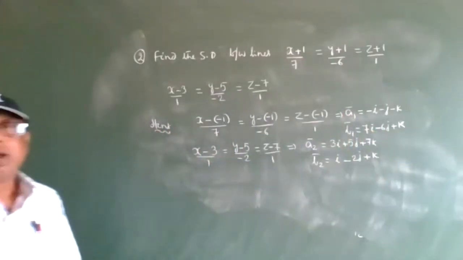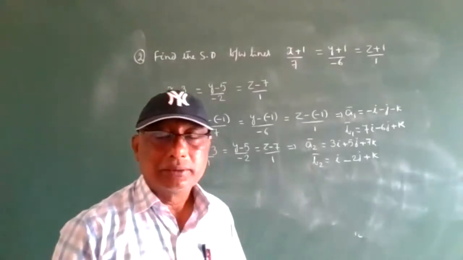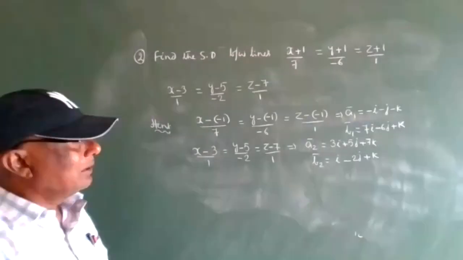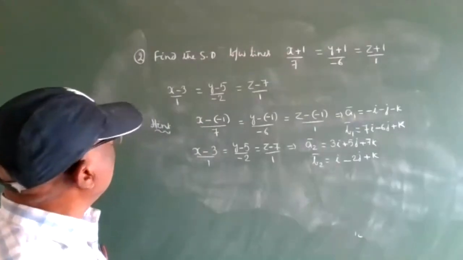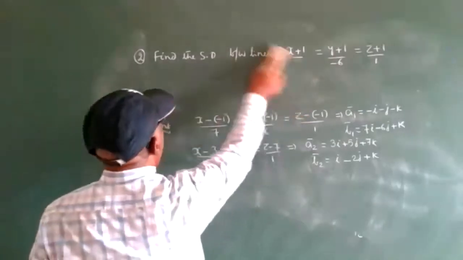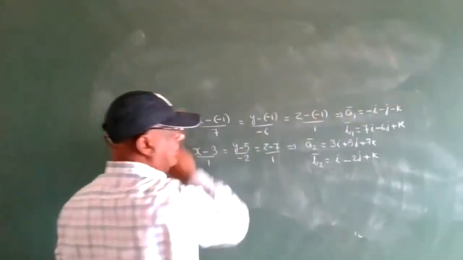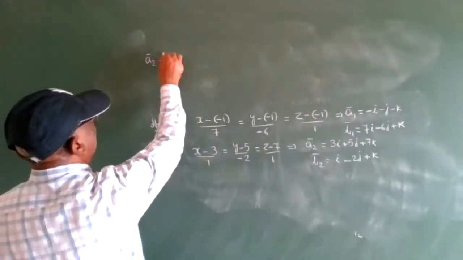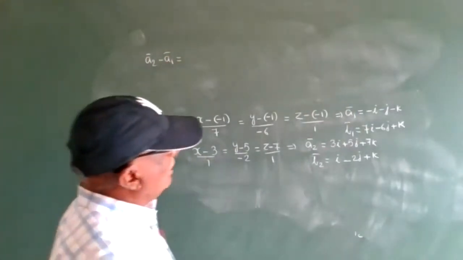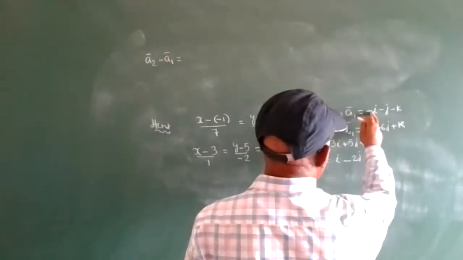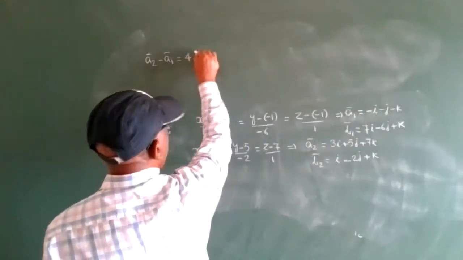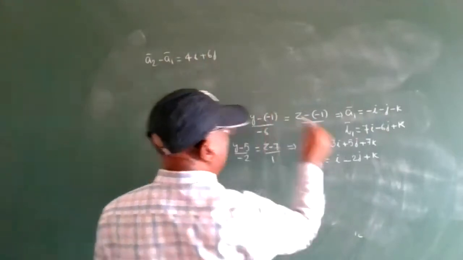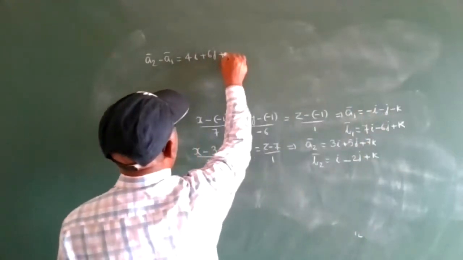Okay, now write down the equation, everyone. Shortest distance: find A2 minus A1. A2 bar minus A1 bar, write down directly: A2 bar 3i plus i, 4i; next 5j plus j, 6j; 7k plus k, 8k.